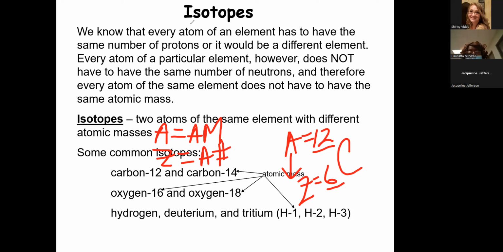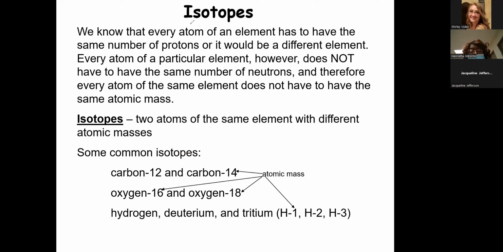All right, let's clear that. Let's do carbon 14. We still have the same atomic number, so that means we have 8 neutrons. See how the neutrons changed from 6 to now 8?